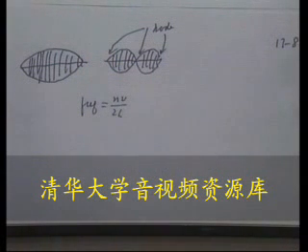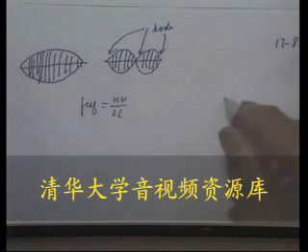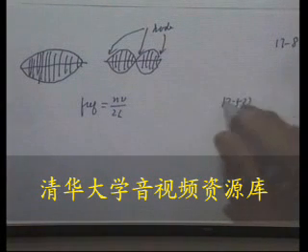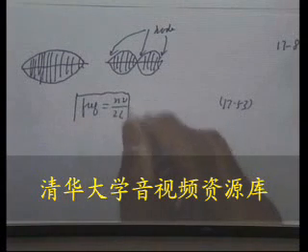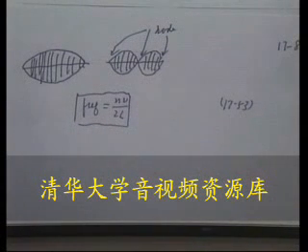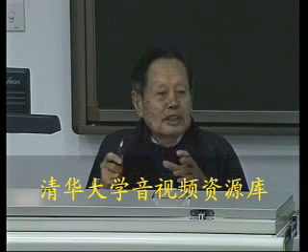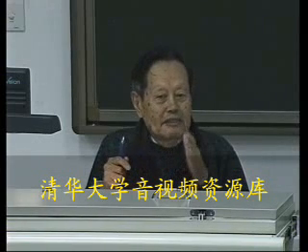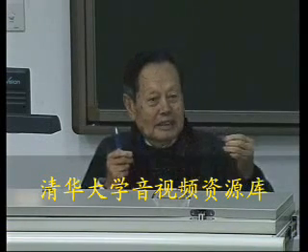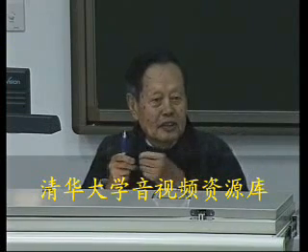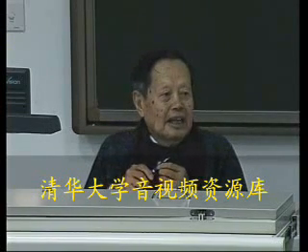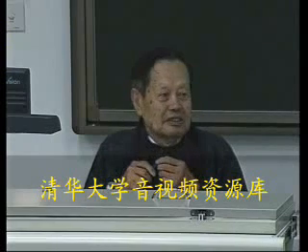v equals the square root of tau over mu, as we've already seen. If you look at the piano, for every key there is a string, and the different strings are of different lengths and of different tension.